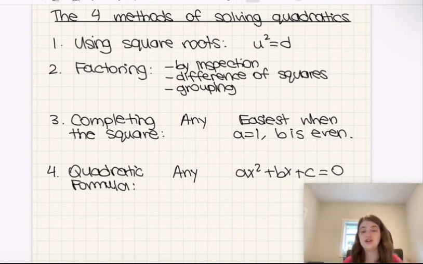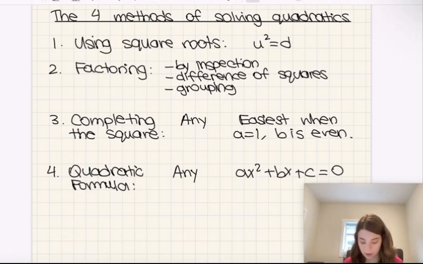However, in a lot of cases, it can take longer than the quadratic formula, because after we've completed the square, we still have to isolate the x value and do a few extra steps. My personal favorite is the quadratic formula, but completing the square is probably the second best method in my opinion, because it works for any quadratic we could be given, whereas methods 1 and 2 do not work in all cases.